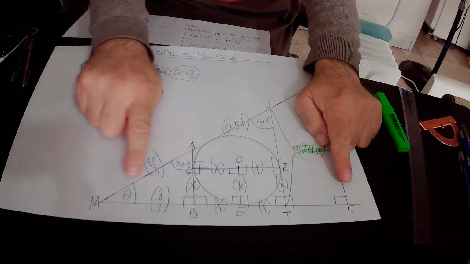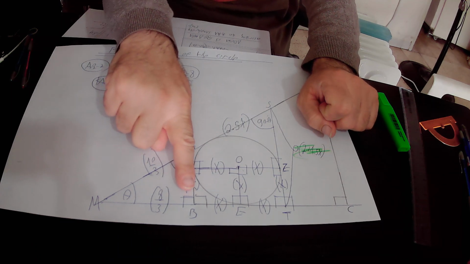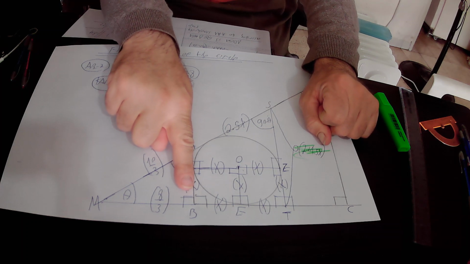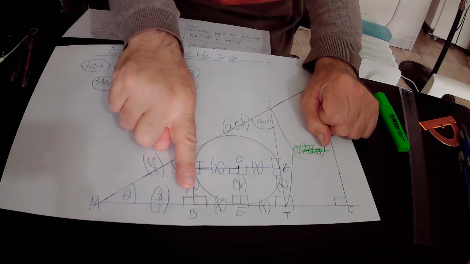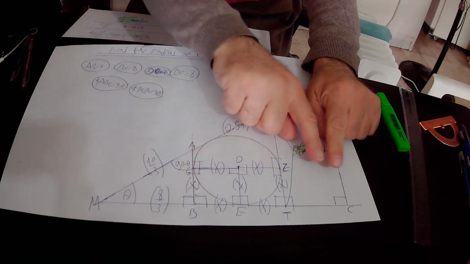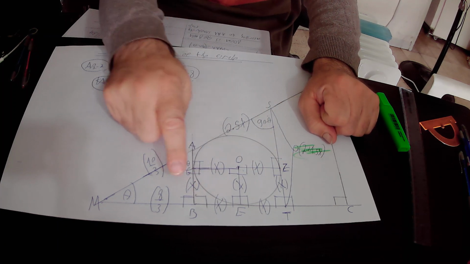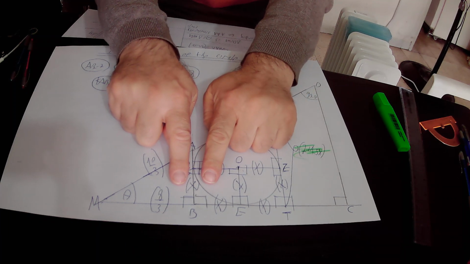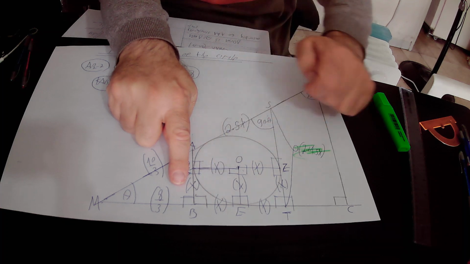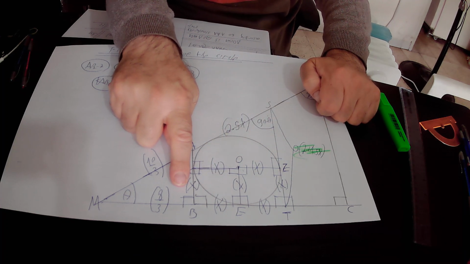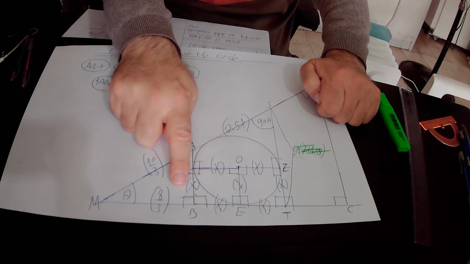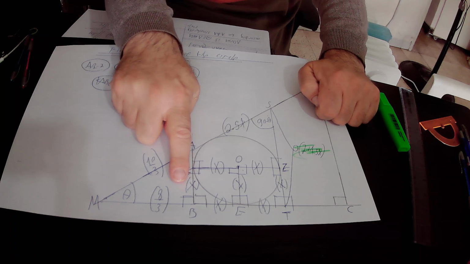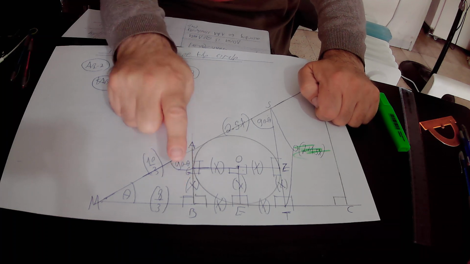If you focus on the upper side of the straight line CM at point B, the sum of the angles must equal 180 degrees, according to the rule that the sum of the angles on one side of a straight line is 180 degrees. Which angles do we have on the upper side of CM at point B? We have this angle that equals 90 degrees plus the missing angle, angle ABM. The sum of those two angles must equal 180 degrees according to the rule that I mentioned. Therefore, the missing angle must equal 90 degrees. Okay? So angle ABM equals 90 degrees, therefore triangle ABM is a right triangle.